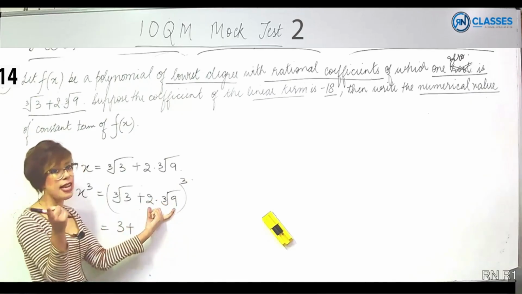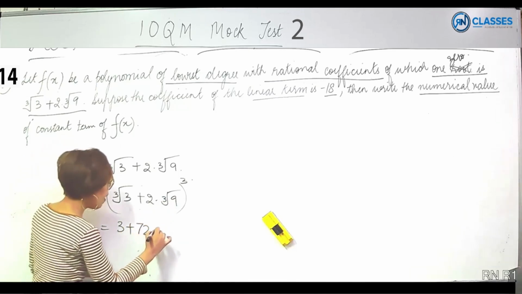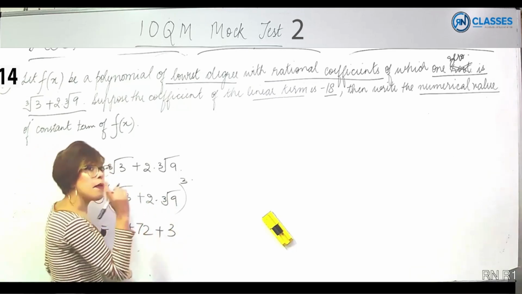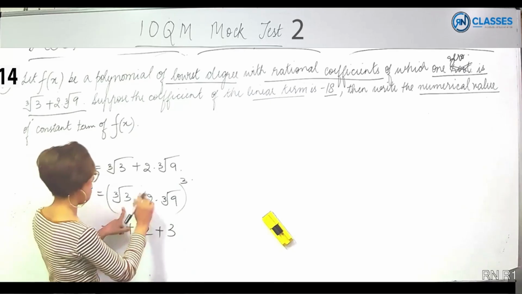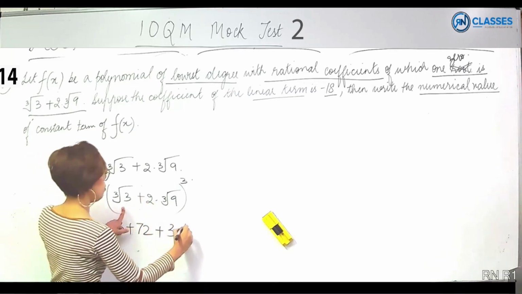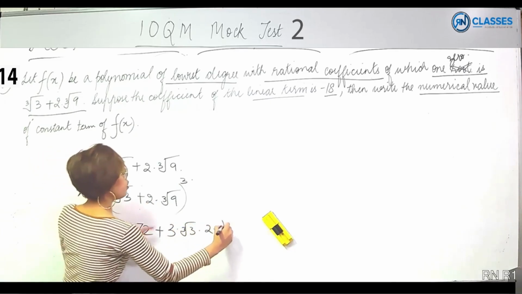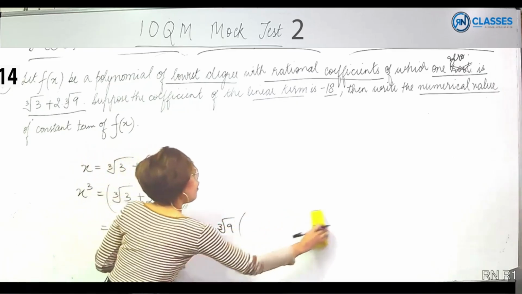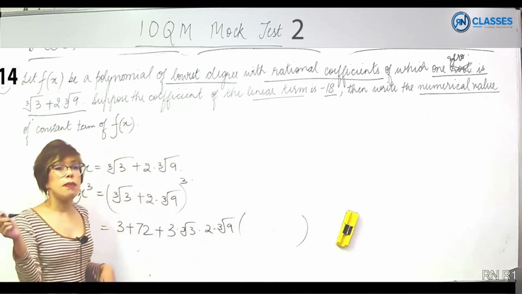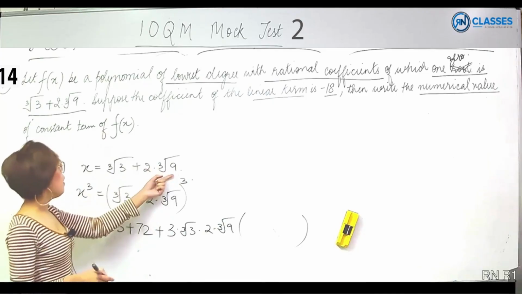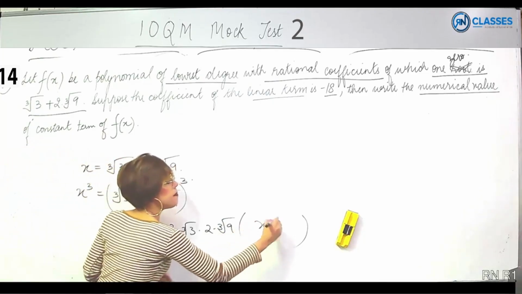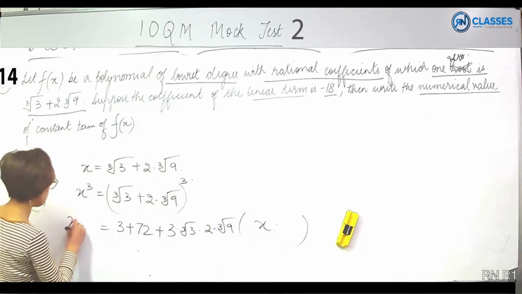So, 2 cube, that is 8. 8 into 9, that is 72, plus 3ab. So, multiply that: cube root of 3 into 2 into cube root of 9, into (a plus b). Right? 3ab into (a plus b). Now, a plus b, you have substituted as x. This is equal to x cube.